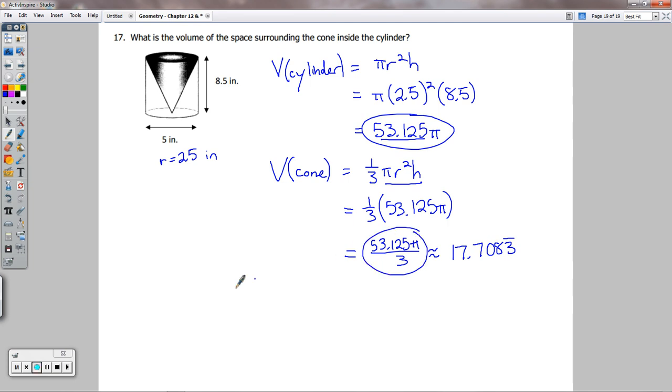So we're going to use this, and so the difference, or the volume inside there, is going to be the volume of the rest, I guess you could say, or the remaining portion. We would have 53.125 pi minus 53.125 pi over 3.